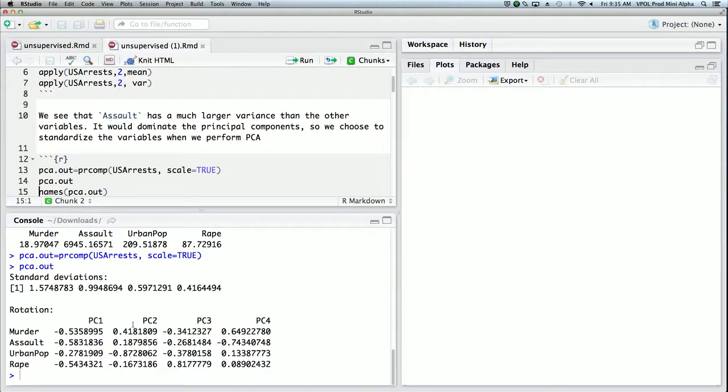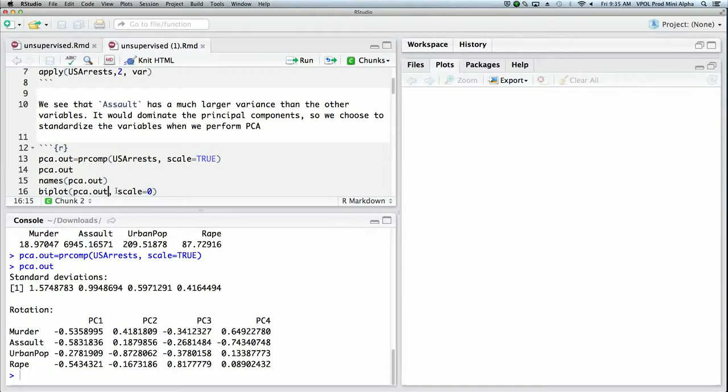So it seems like the first 2 principal components, one is to do with the total amount of crime and the other is to do with the urban population. So that's what happens when we print. Of course, you can do help on prcomp, we're used to that by now, and find out more about exactly what it's given you and what the components on the object are.